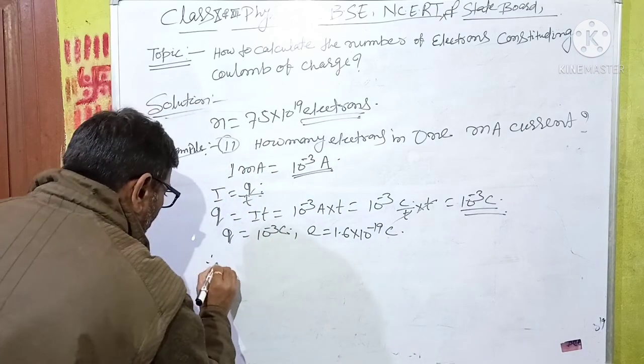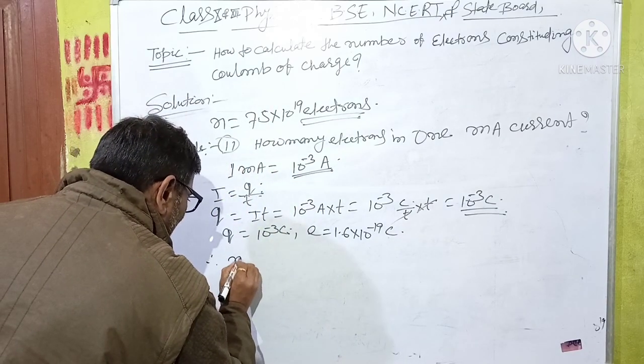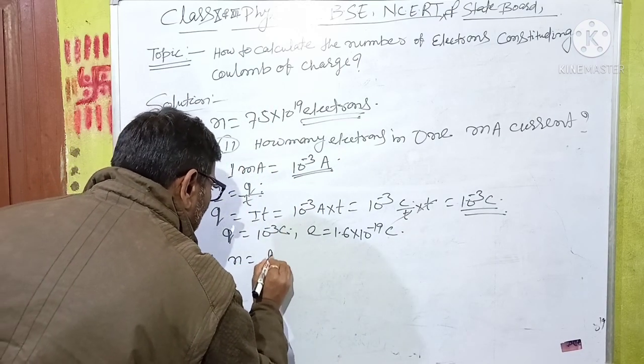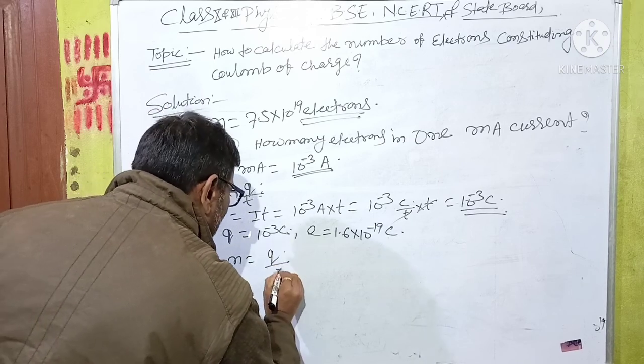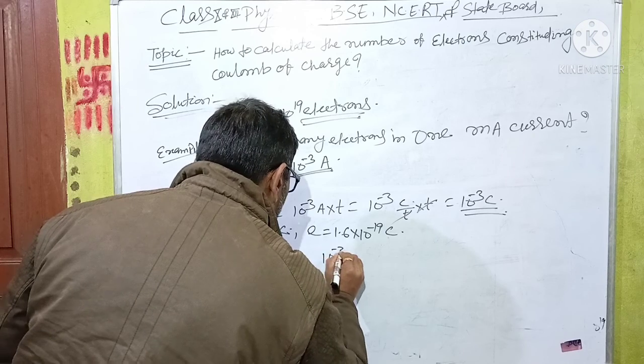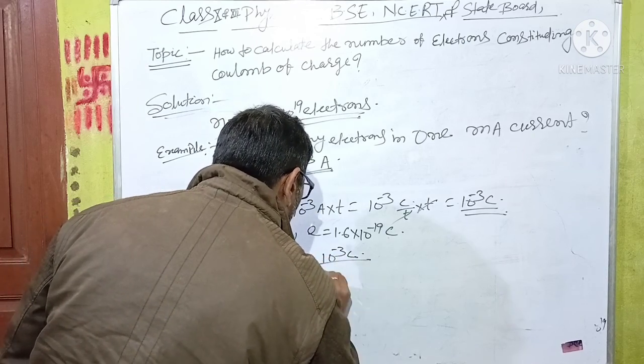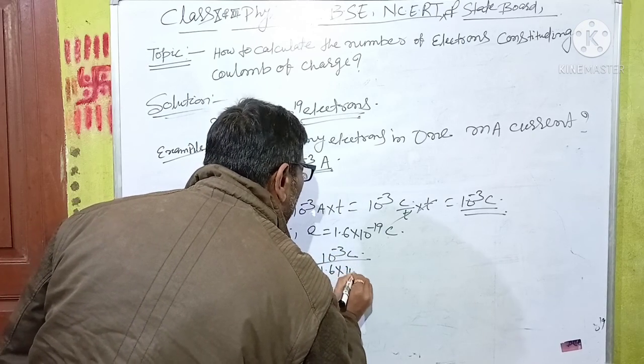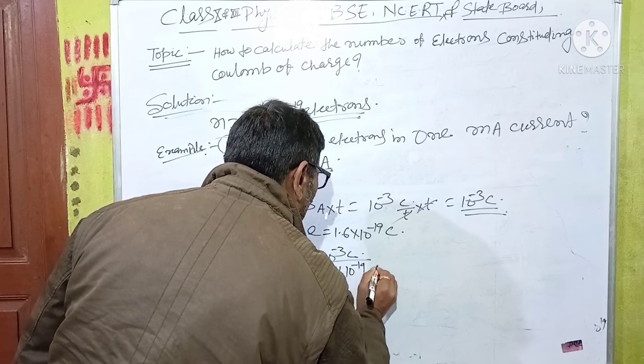Therefore N is equal to Q by E, which is 10 to the power minus 3 coulomb by 1.6 into 10 to the power minus 19 coulomb.